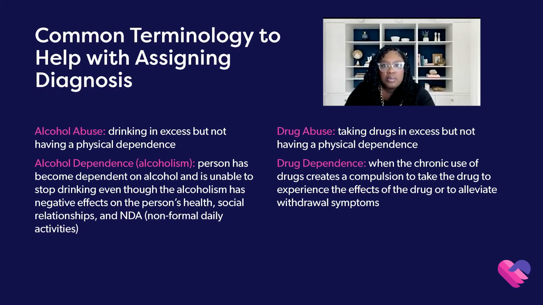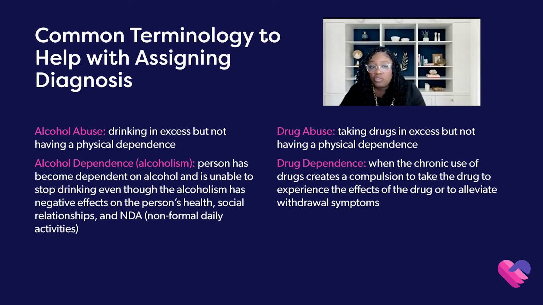Okay, common terminology to help with assigning diagnosis. Okay, alcohol abuse, drinking in excess, but not having a physical dependence. Alcohol dependence, also known as alcoholism. A person has become dependent on alcohol and is unable to stop drinking, even though alcoholism has a negative effect on a person's health, social relationships, and normal daily activities.